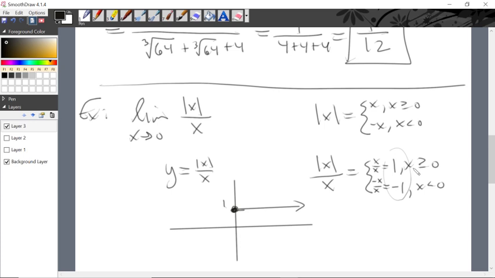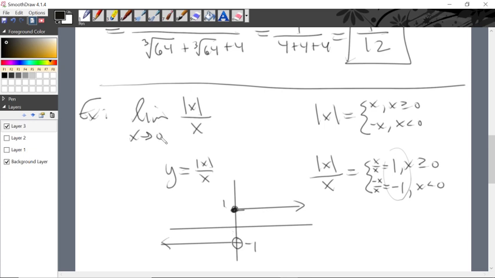It goes like that. And if x is less than 0, then this is always going to output the constant negative 1. So let's go down to negative 1. This doesn't happen when x is equal to 0 now, so this is open. And then this extends outward in this direction like this. There's our graph. For this function, that's the graph.